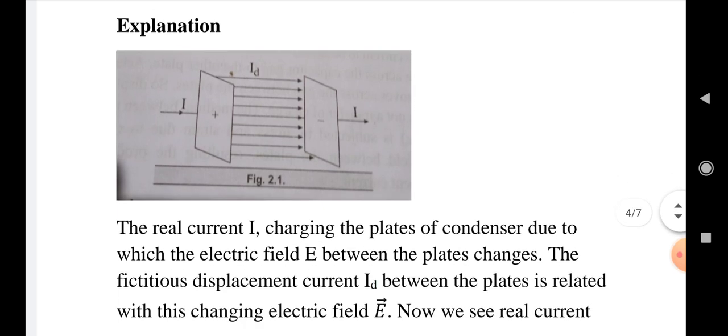The real current I charges the plate of the condenser, due to which the electric field E between the plates changes. We already discussed that when you apply a potential between these two plates, an electric field is produced, directed from positive to negative. It means the fictional displacement current ID between the plates is related to the changing electric field.